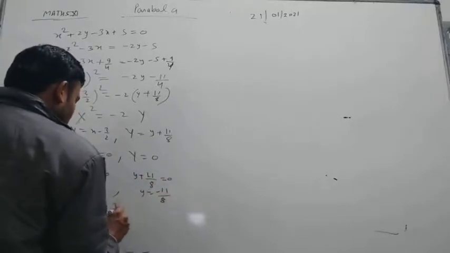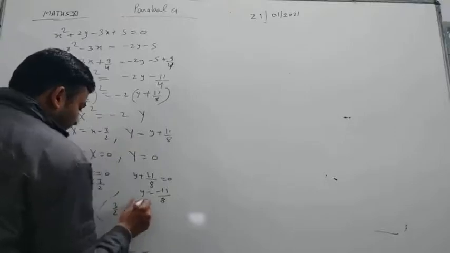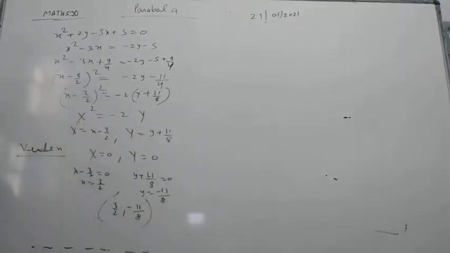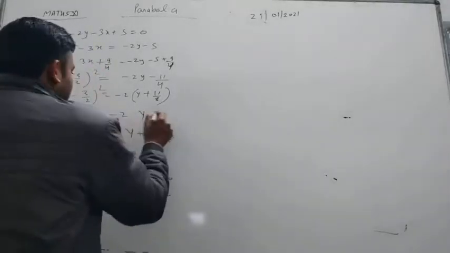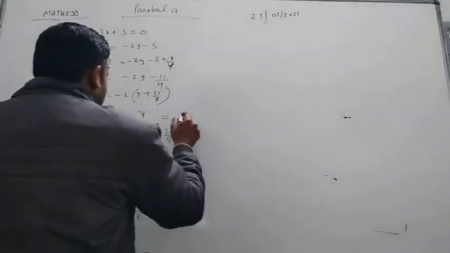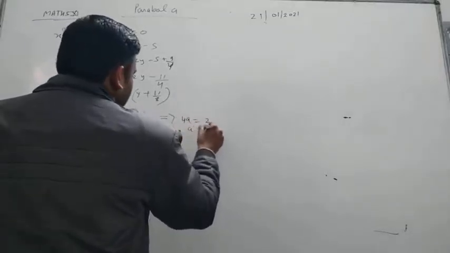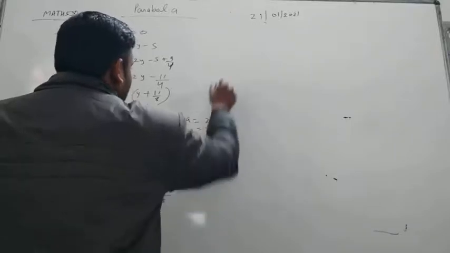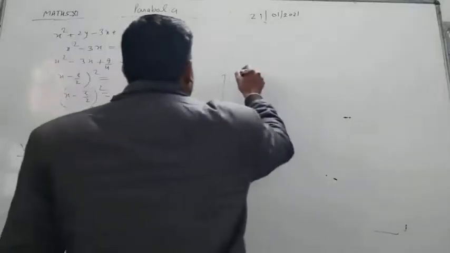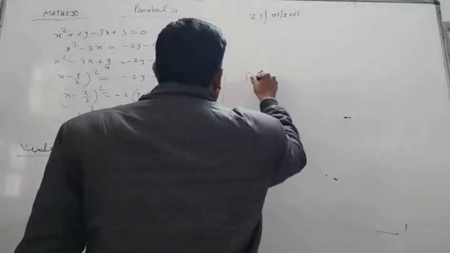So its coordinate is 3 by 2, minus 11 by 8. Okay, student. So vertex is 3 by 2, minus 11 by 8. Now if we compare this with 4a, 4a is 2, so a is 1 by 2. Okay, now we are going to find the focus.